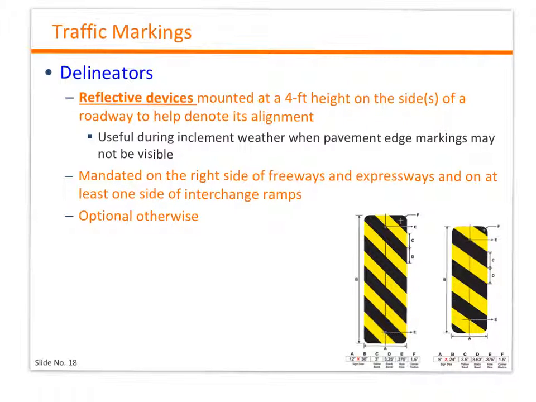And in some cases, they are mandated on the right side of freeways and expressways, and on at least one side of the interchange ramps. So at these locations in particular, at the right side of the freeways and expressways, they are mandated, while they are optional elsewhere.